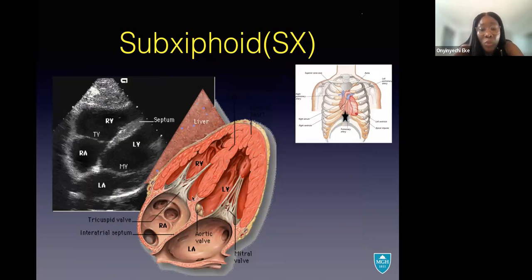Then we're going to see the right side of the heart: the right ventricle, tricuspid valve, right atrium, septum, left ventricle, mitral valve, left atrium. And this is what our ultrasound scan is going to look like. So this is the liver here, right ventricle, tricuspid valve, right atrium, septum, left ventricle, mitral valve, left atrium.